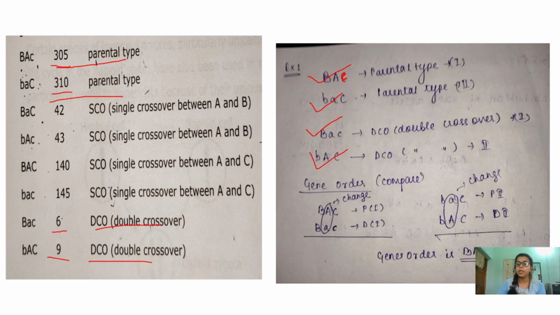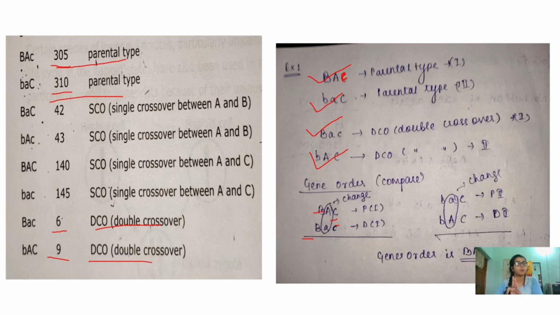See, comparing parental type 1 with double crossover 1, wherever you find the change: here capital B is the same, small c is the same, but the change occurs here, that is capital A, small a. If you compare parental type 2 and double crossover 2, you will find the change right here too.